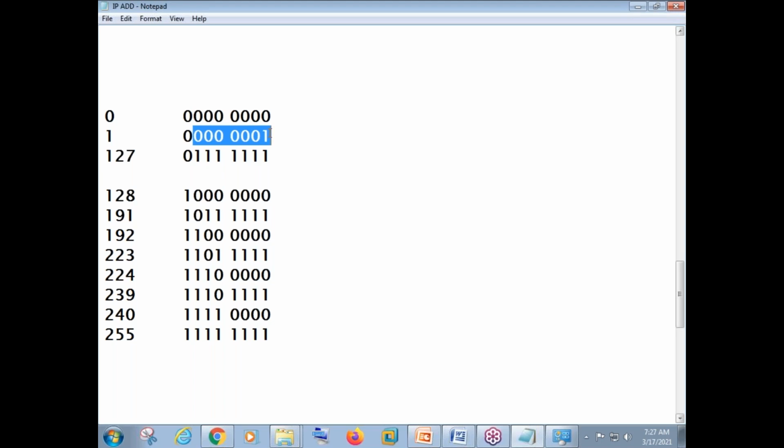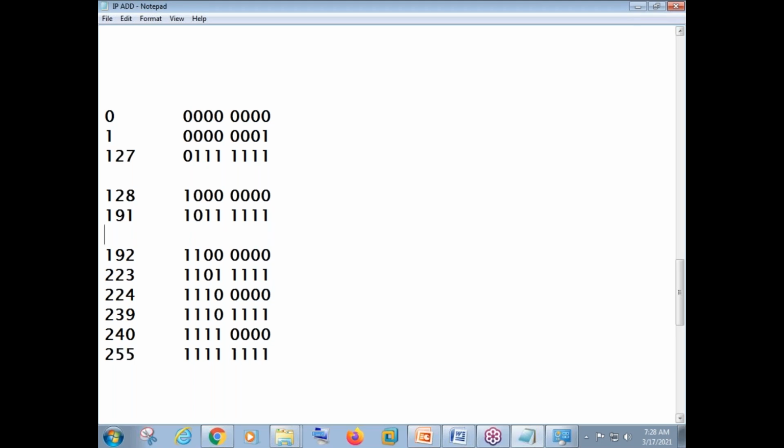If you take 120, it will be 0 and some numbers will come here. So for any number from 0 to 127, the first bit will be 0, and this first bit is called the reserve bit. Got the logic?